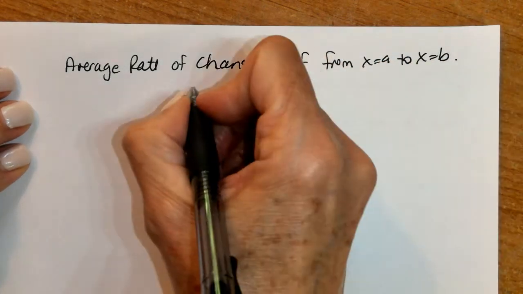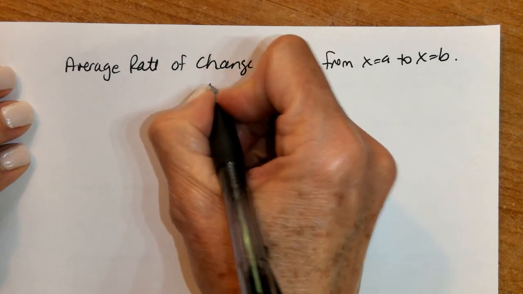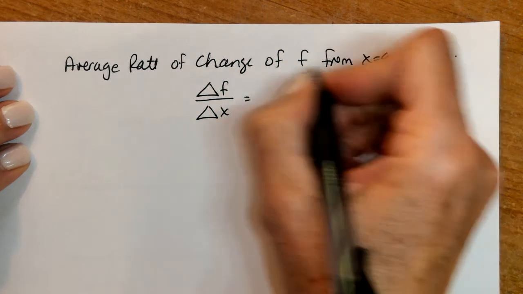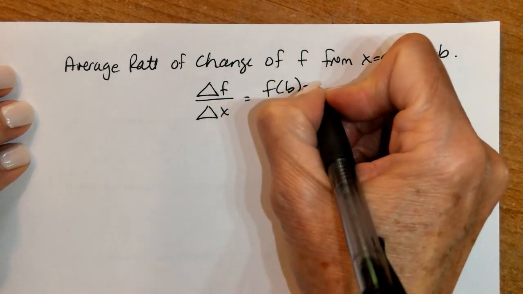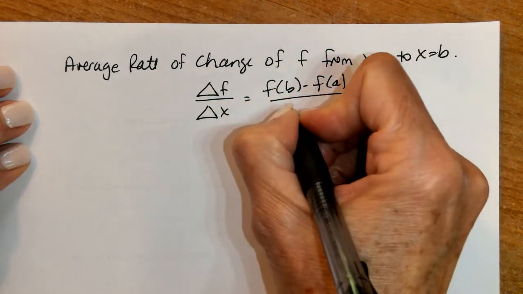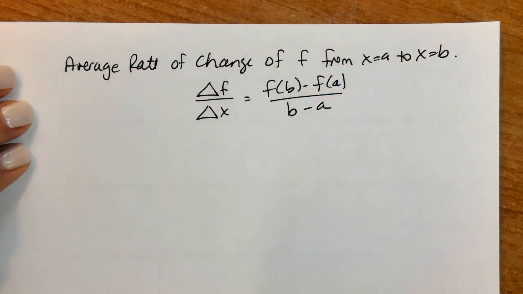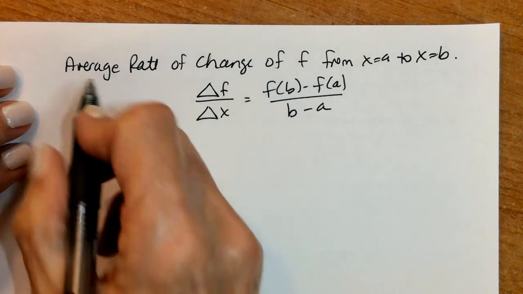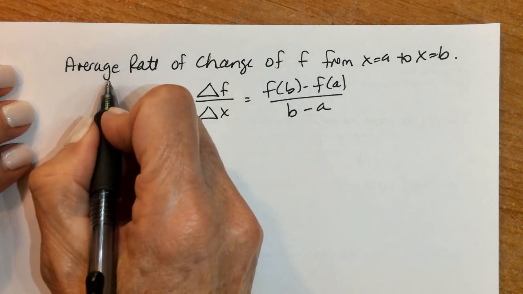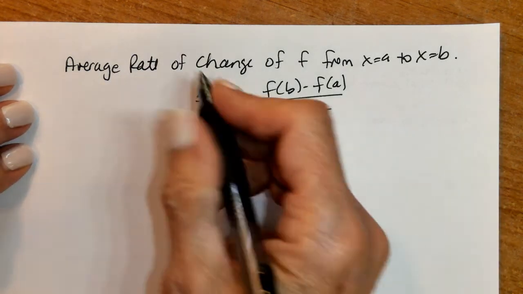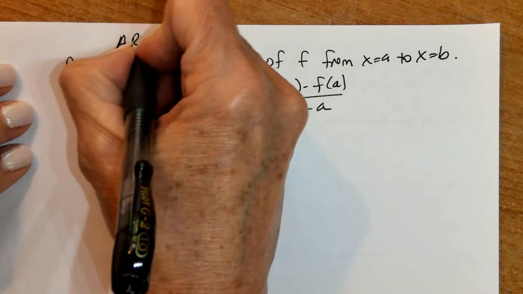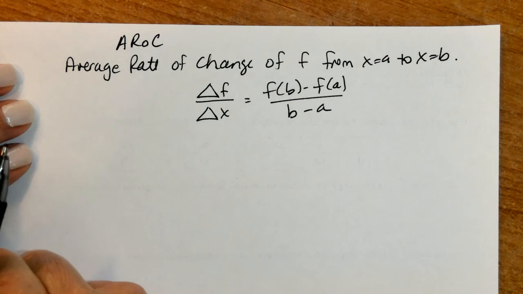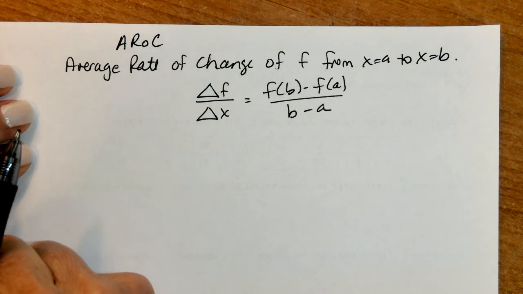And we said that that was change in f divided by change in x, which was f of b minus f of a divided by b minus a. Change in f over change in x. That was our old Algebra 1 slope. We also called this AROC, average rate of change. Old slope, Algebra 1 slope.